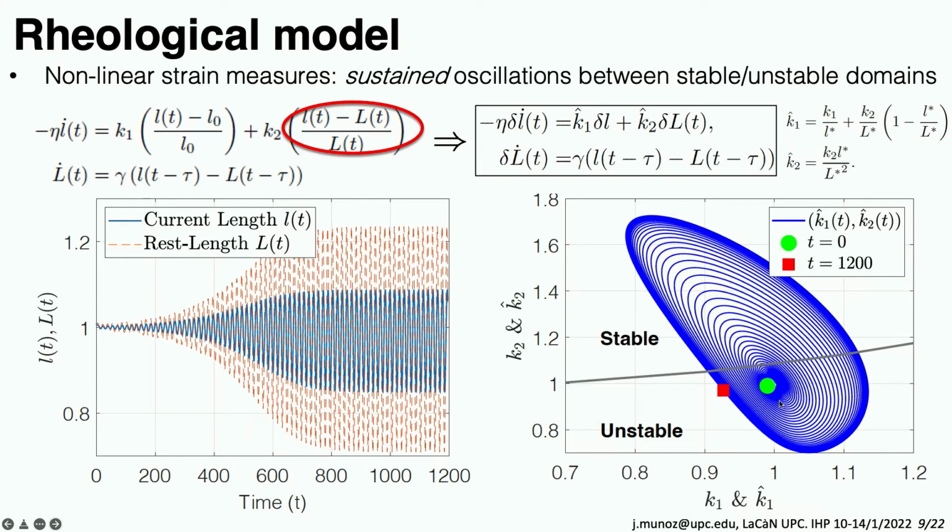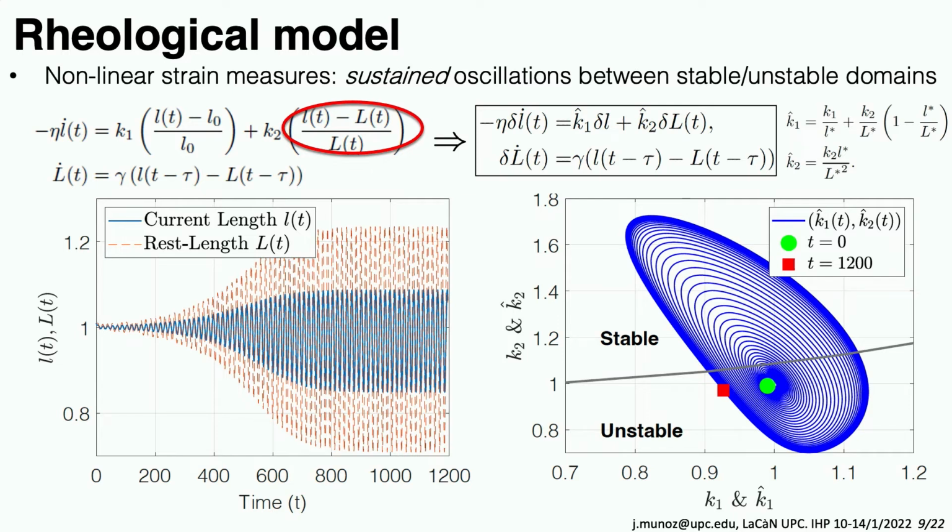So you attain this limit cycle. Okay, now the oscillations are sustained in time, and you cross between the stable and unstable domain in your phase space, because K1 and K2 keep changing, and when they're unstable you obtain this limit cycle. So that is one way of explaining how to reach not a stable point, but a limit cycle around this unstable position that we have in the green dot initially.